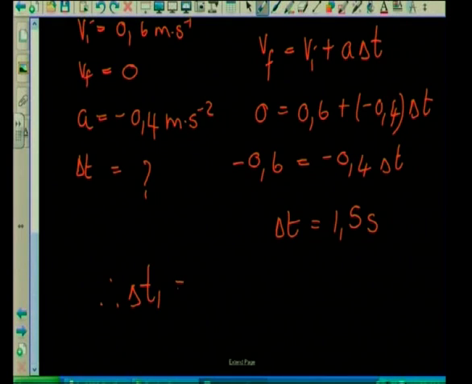Please get this, grade 10s, which means T1 is 10 plus the 1,5. So that's 11,5 seconds. Okay, so we are done for now.